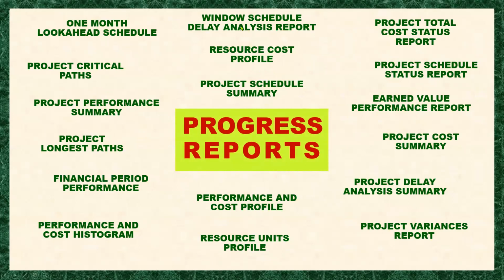These are the list: 1, 2, 3, 4, 5, 6, 7, 8, 9, 10, 11, plus 6, it is 17. If you want more, there are still a lot of reports. But anyway, we will look at this in our Primavera P6 layout. All of this list is already established in our Primavera P6 layout.